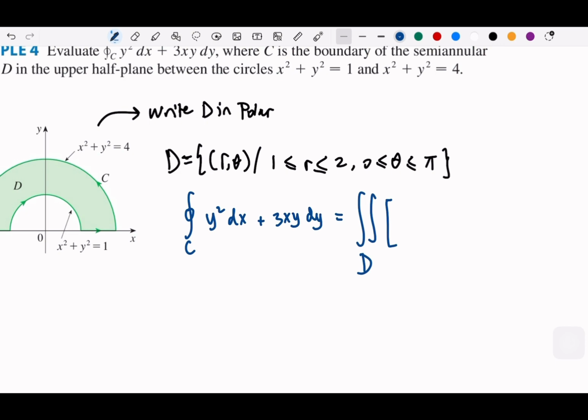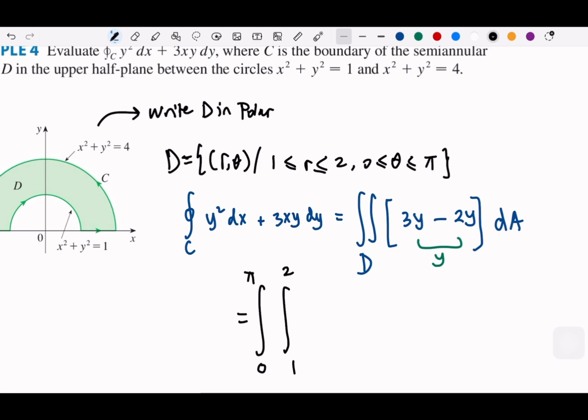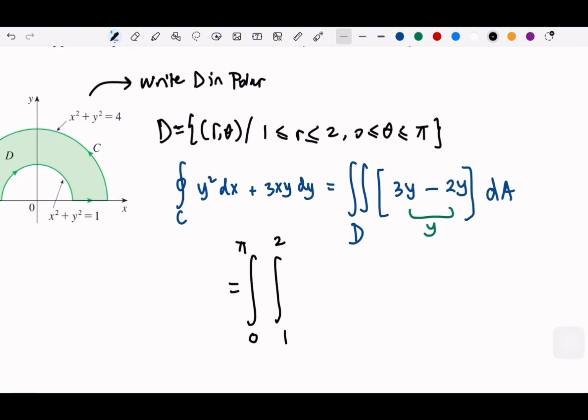This will be partial Q with respect to x, which is 3y, minus partial P with respect to y, which is 2y. So this will be y, and then dA will be, taking into the double polar integration, theta from 0 to pi and r from 1 to 2. y will be changed into r sine theta, and don't forget to apply r dr d theta in double polar.